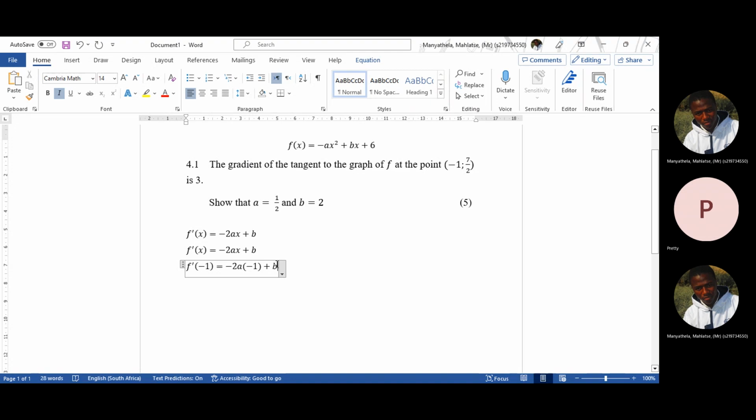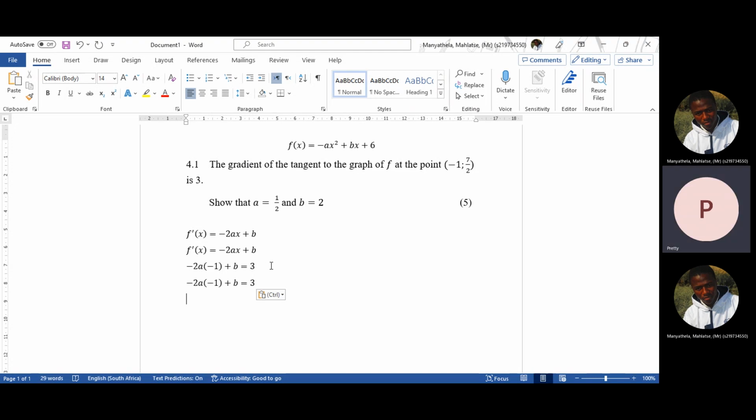They told us that this is equal to 3. We can remove this to avoid many equal signs. So -2a times -1. -2 times -1 is +2.